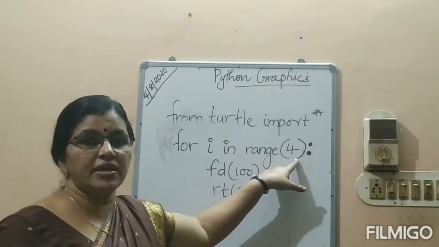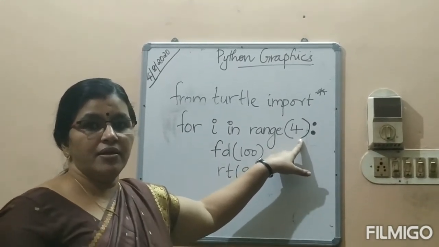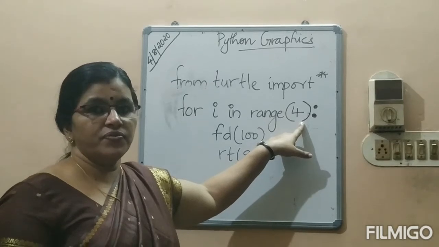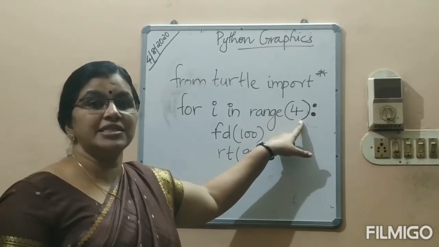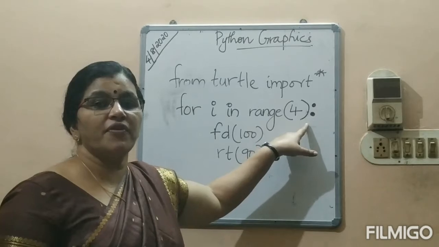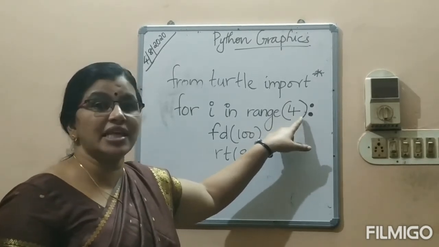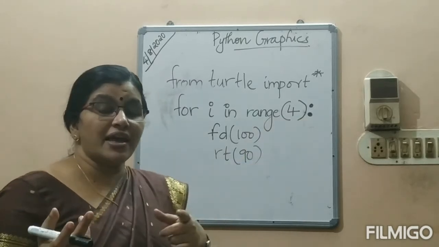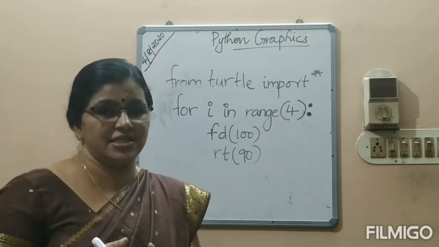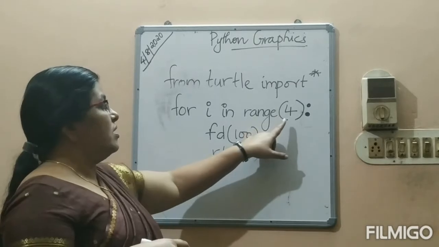You will write 3 here. If you are drawing a pentagon, you will write 5 here. If you are drawing a hexagon, you will write 6 here. Hexagon has 6 sides.